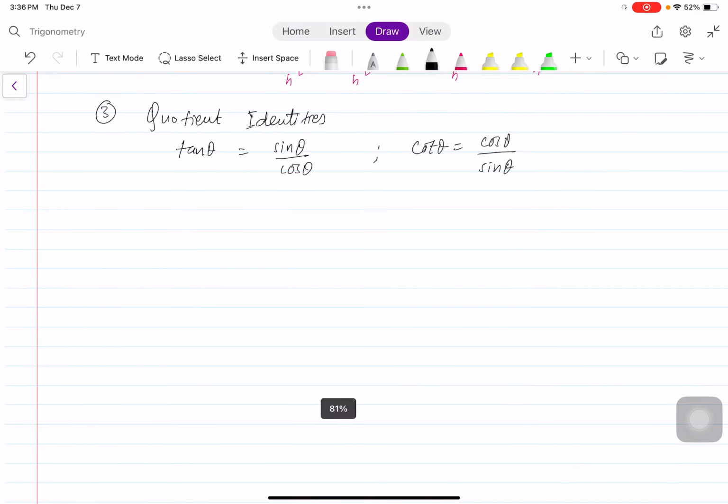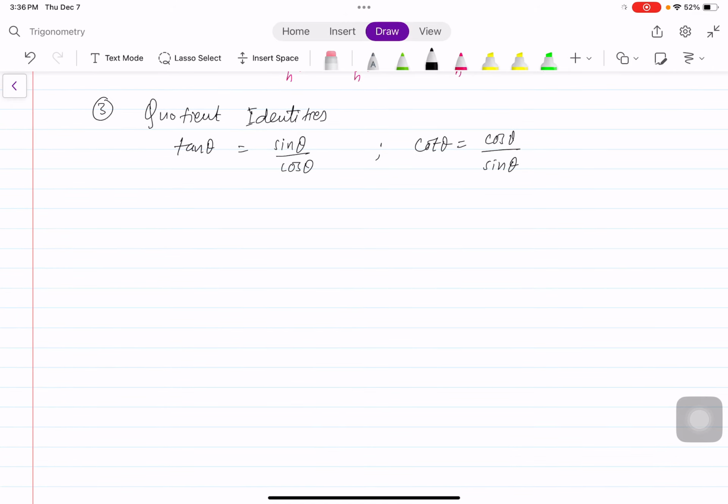Some people may argue that I can write it in another form using 1 over cosine and 1 over cosecant, which is secant theta.